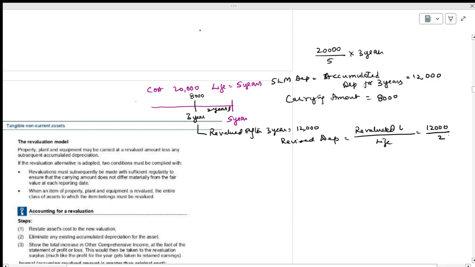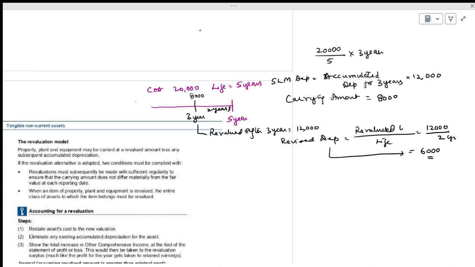Life is 2 years. Revised depreciation will be 6,000. Means if we are revising the value, we have to calculate on the revised value.